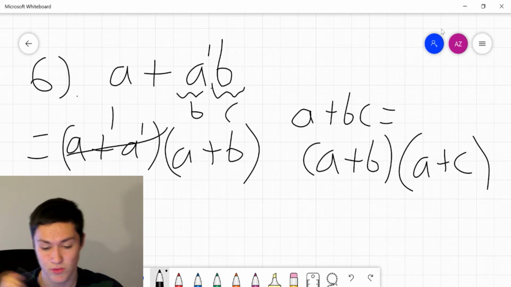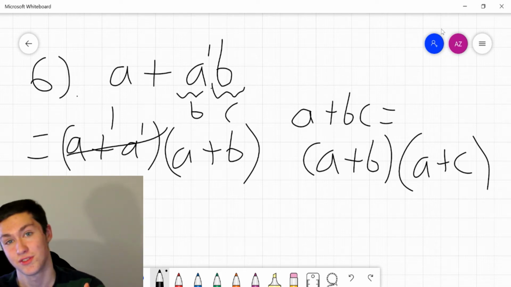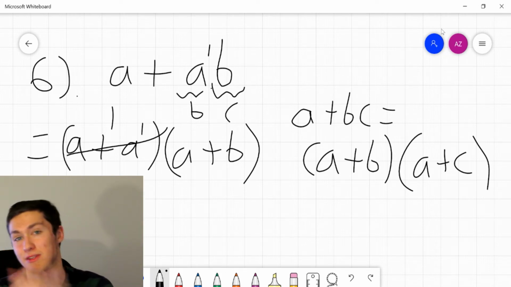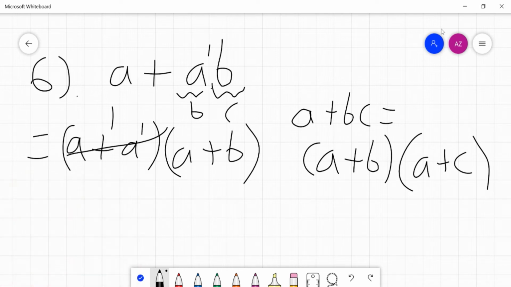This just simplifies to 1, and that kind of makes sense. You're asking if it's true or false, which represents everything in Boolean algebra. So this has to be true. This has to be 1. So the final answer is A or B.